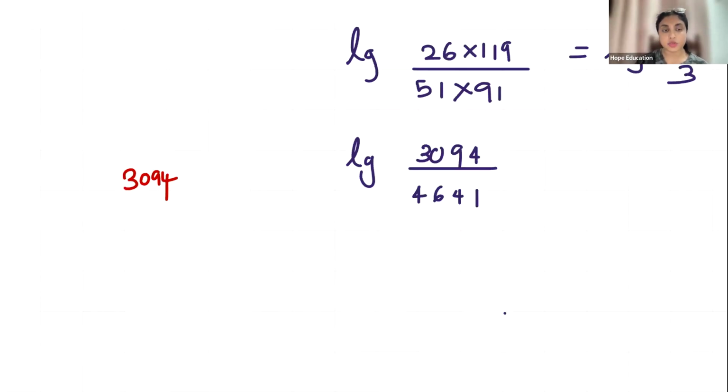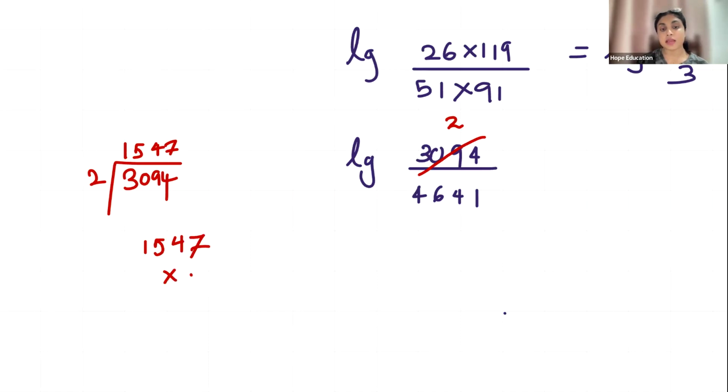So I'm going to divide this by 2. I can see 15 times 2 is 30. Here I get 47. Now 1547 times 2 is 3094. Then I will check 1547 times 3. 3 times 7 is 21. 3 times 4, 12, 13, 14. 3 times 5 is 15 plus 1, 16. 3 times 1, 3 plus 1, 4.